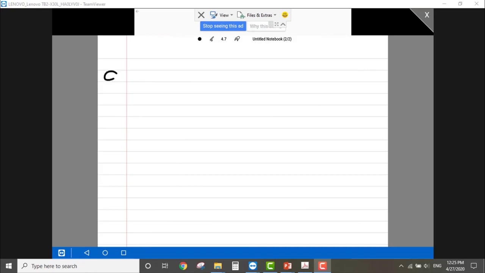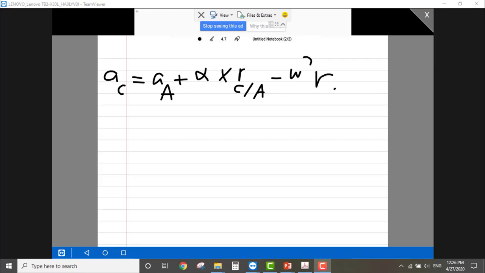Now AC is equal to AA plus the tangential relative acceleration, which is alpha cross product R C with respect to A, minus omega squared, obviously, dot product R C with respect to A. Now, acceleration A is 0, sorry, and this is equal to alpha, which is given to be 4 rad per second clockwise, so this is minus 4k because it's clockwise.